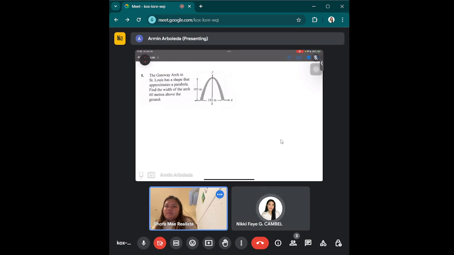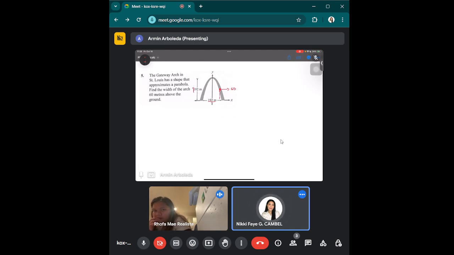It's given here, right? The total height and the width of the arch. But it's asking us, if it's 60 meters above the ground, what is going to be the width?